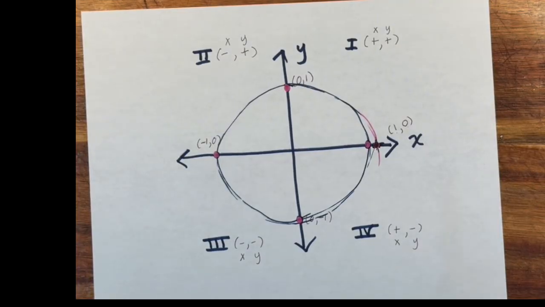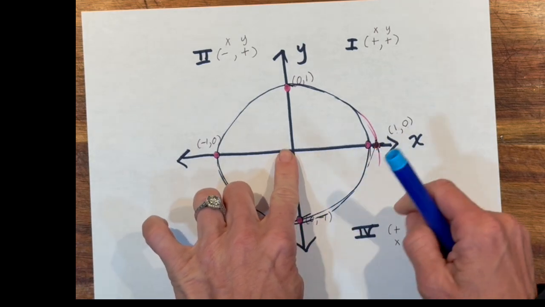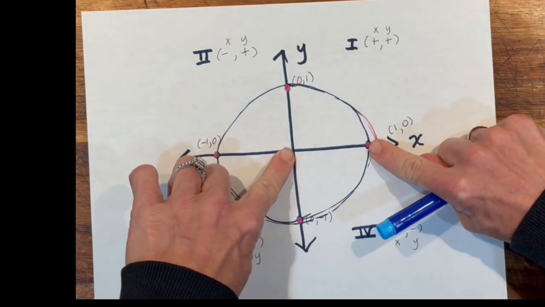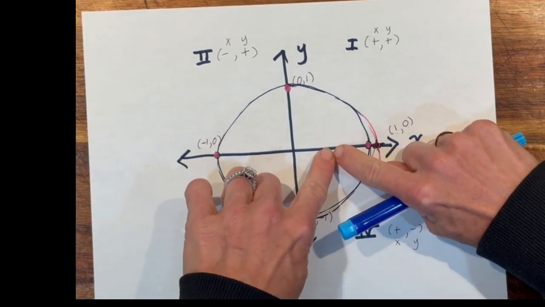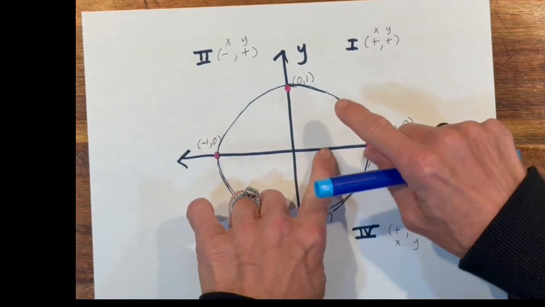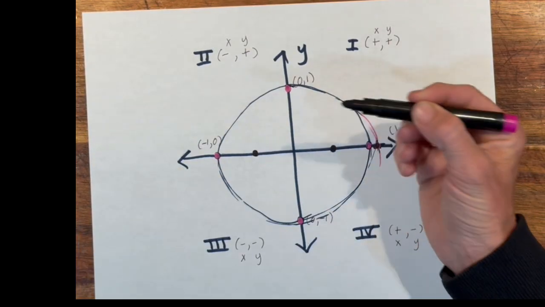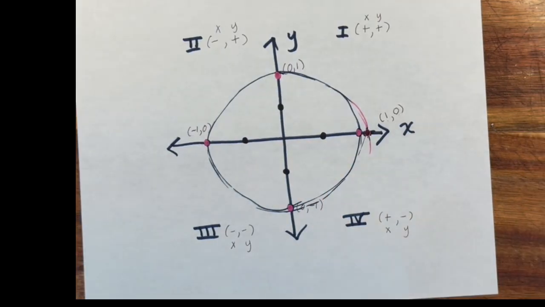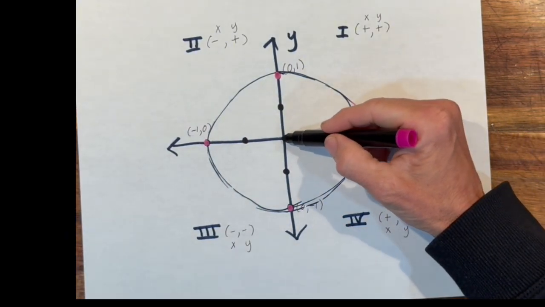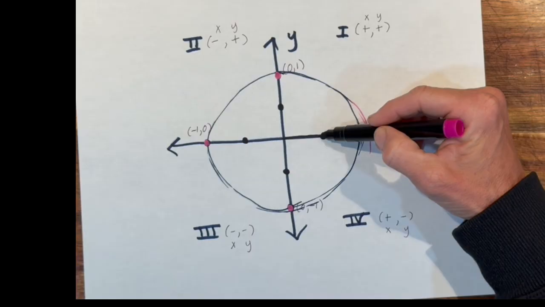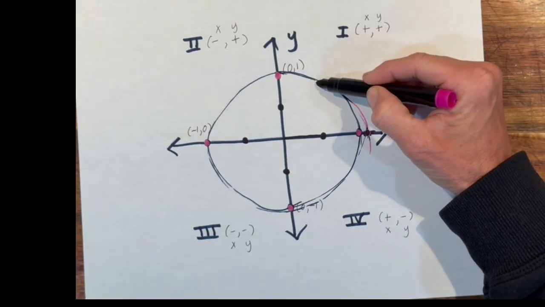The next thing I can do is imagine, okay, if this is 1 whole, where's about half? I would say half is about here. And half is about there. So this is half. I'm going to go up to the circle.